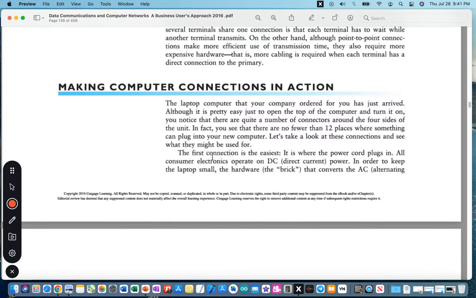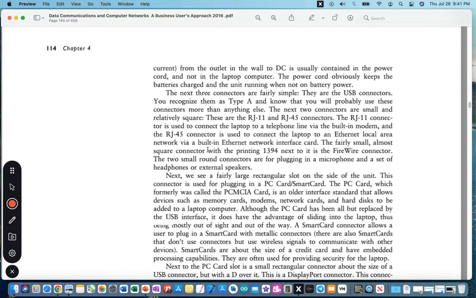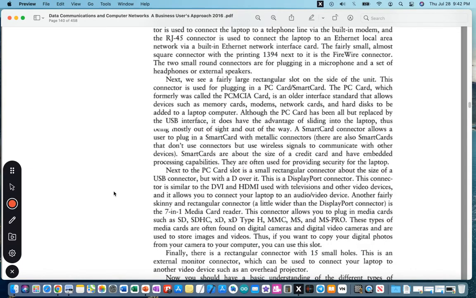Making computer connections in action. The RJ45 connector is the same one that connects the Cat5, Cat5e, Cat6, and Cat7. That's the end of it. All right. RJ11 is the one used for analog phones. It's not really used anymore.